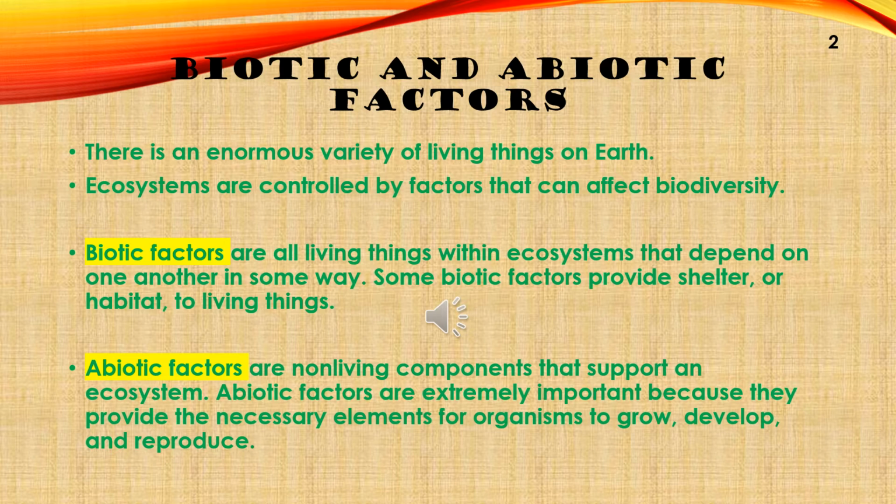The two factors that we have right here are biotic factors. Now, when we talk about biotic factors, we are talking about all living things within an ecosystem that depend on one another in some way. Some biotic factors provide shelter or habitat to living things.